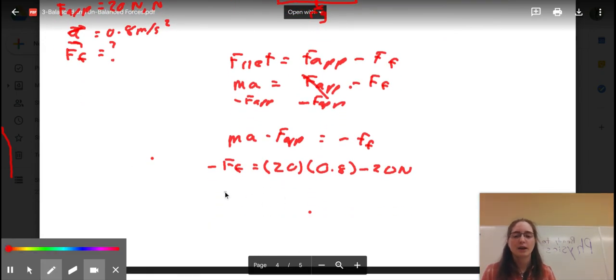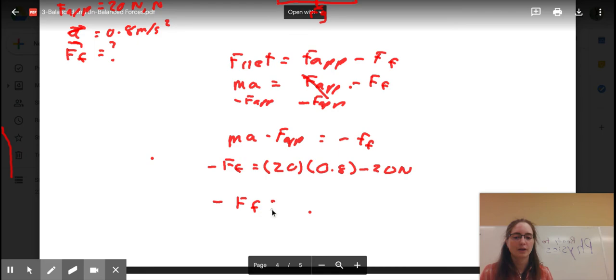And you're going to wind up with a negative force of friction, which is equal to negative 11. Once again, negatives on both sides. Let's get this fixed. 11 newtons.